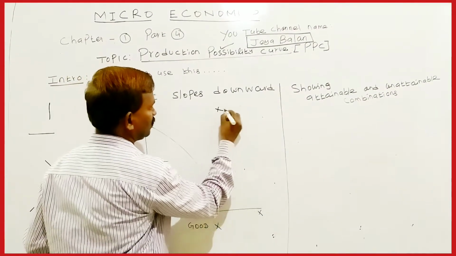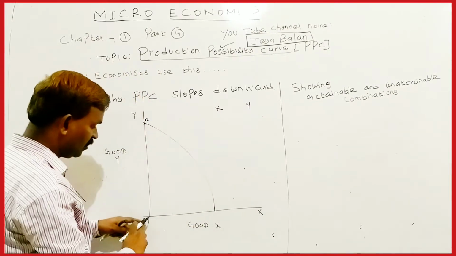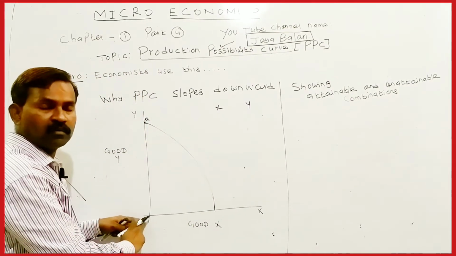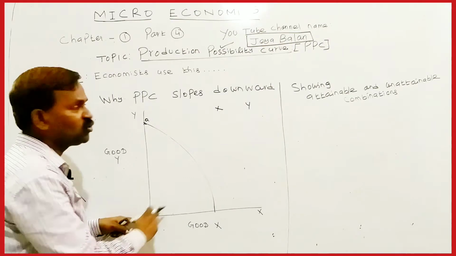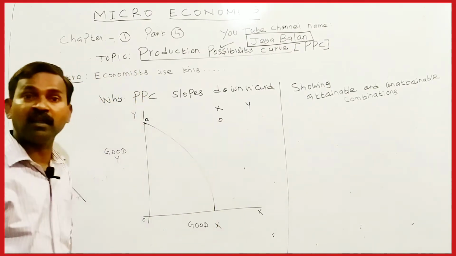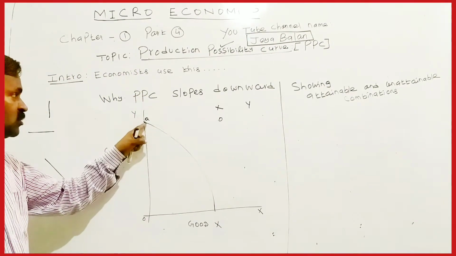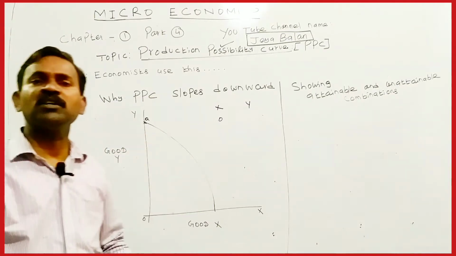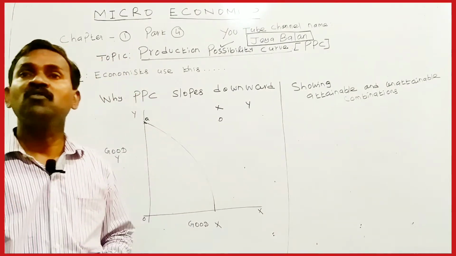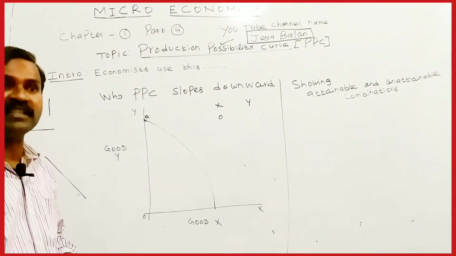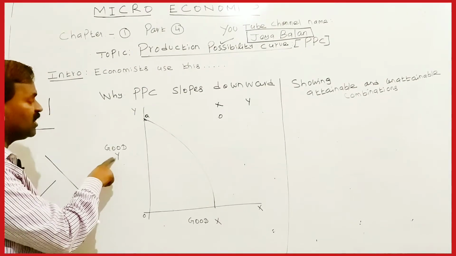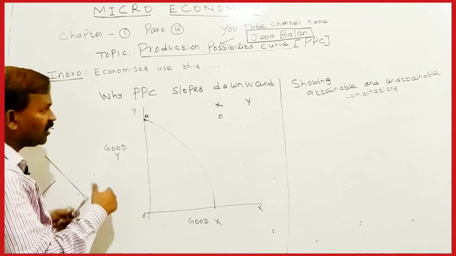What is the combination? X commodity, Y commodity. How many units of commodity X can be produced? No units. Why? This point shows what would be the production if all the resources are fully and efficiently utilized in the production of only commodity Y. So what is the quantity?